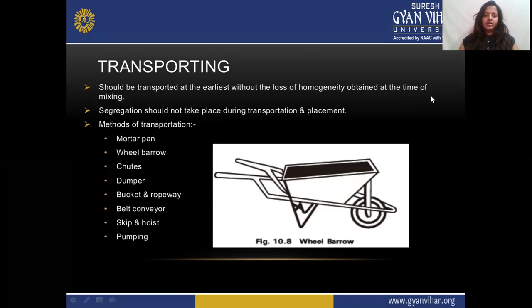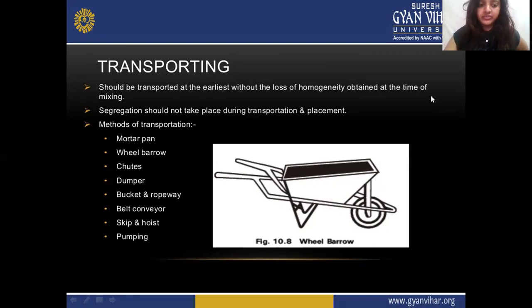And there are different methods of transportation, which are mortar pan, wheelbarrow, chutes, dumpers, buckets, ropeway, belt conveyor, skip and hoist, and pumping. When we talk about pumping, segregation is a major problem, and segregation should not take place.